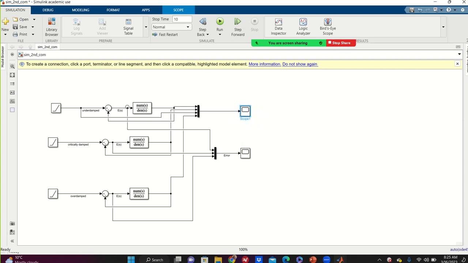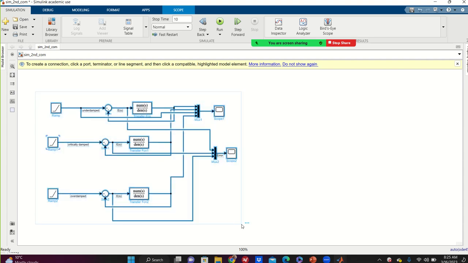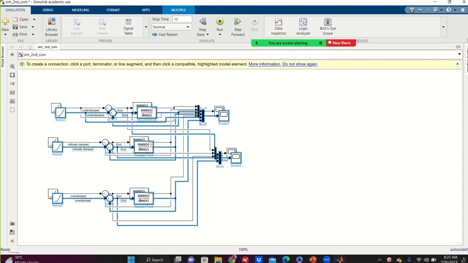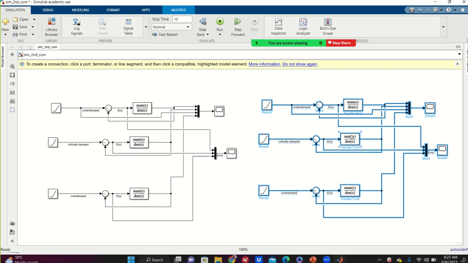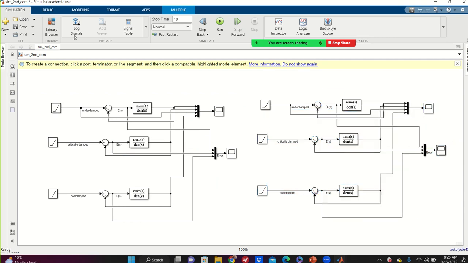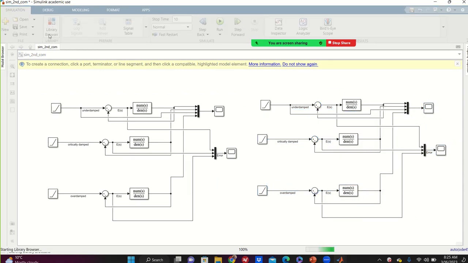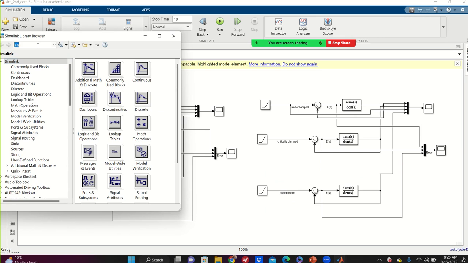So I'm not changing everything. I will just copy all of them and move it here. Why? Because I'm going to just run for the step.